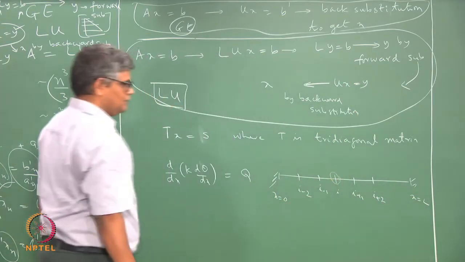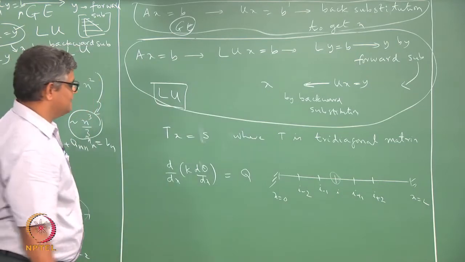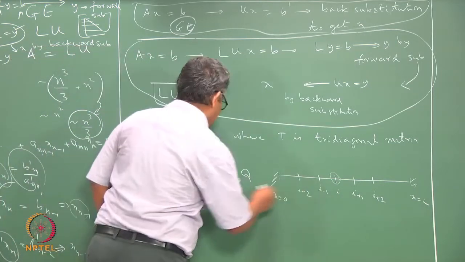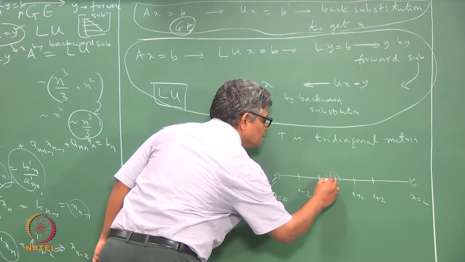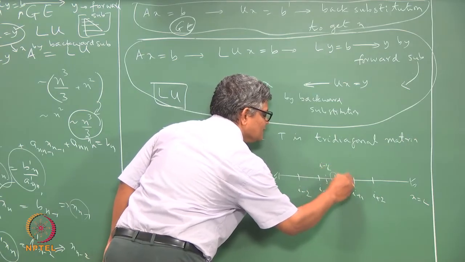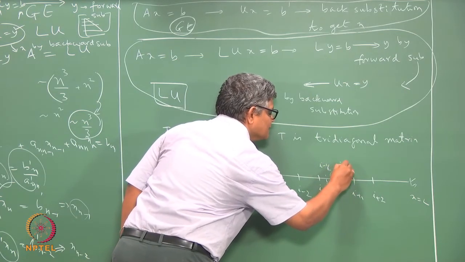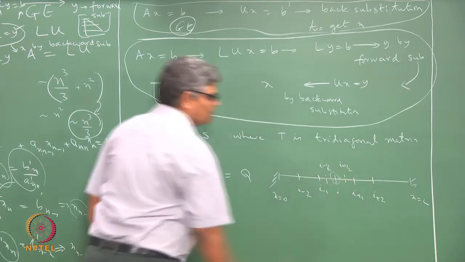At this point, we can discretize this by writing this as i minus half and this as i plus half, that is midway between the 2 points.